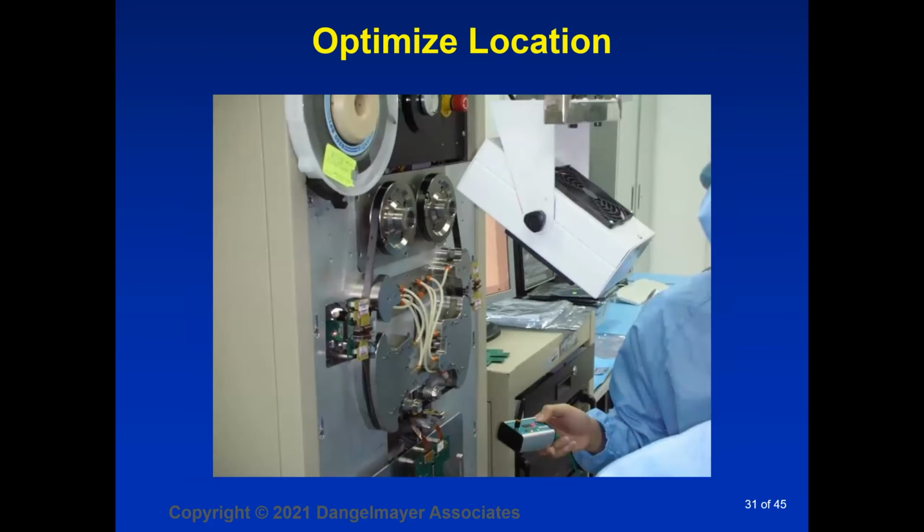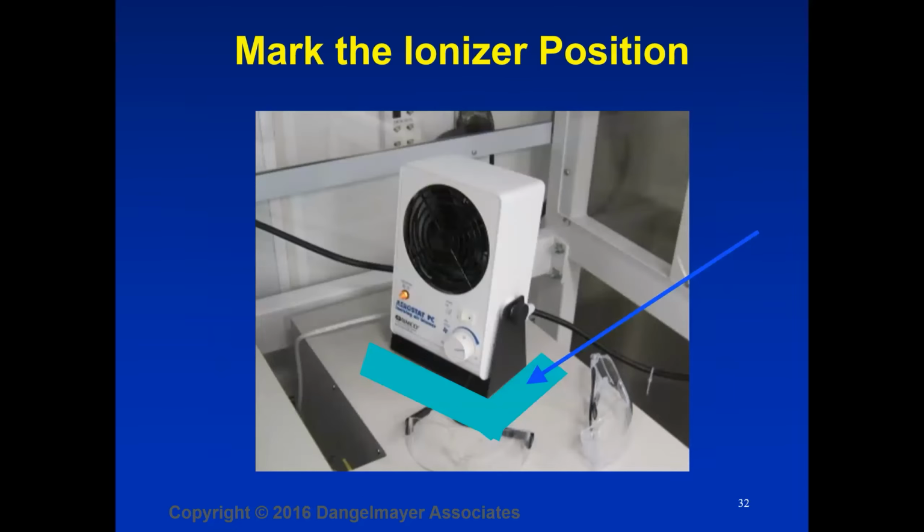When we're using ionizers, we want to optimize the location, get it as close as possible to the place where the charge is causing a problem. Mark the ionizer position. I can't emphasize this more. Years ago, people asked me what was the one thing we could do with an ionizer to make it work better.